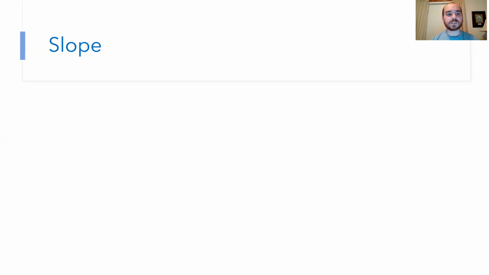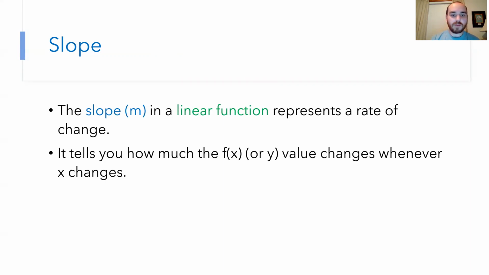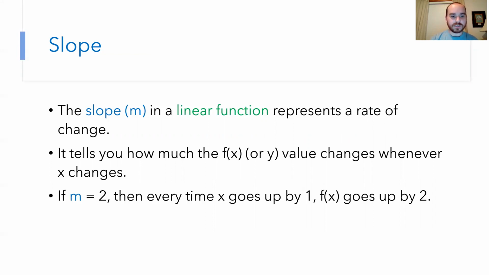So looking first at slope, the slope in a linear function represents a rate of change. We're going to go into more detail later. It tells you how much the f of x or y value changes whenever x changes. So remember, f of x and y are pretty much the same thing. They sub out for each other. But the way this works is if m equals 2, then every time that x goes up by 1, your f of x or your y is going to go up by 2, right?